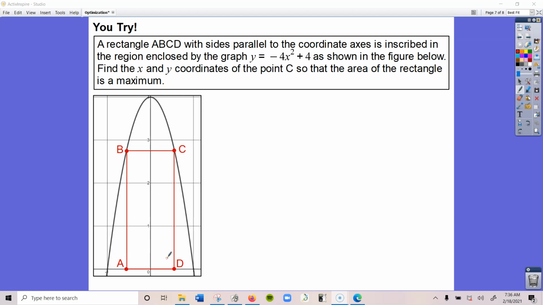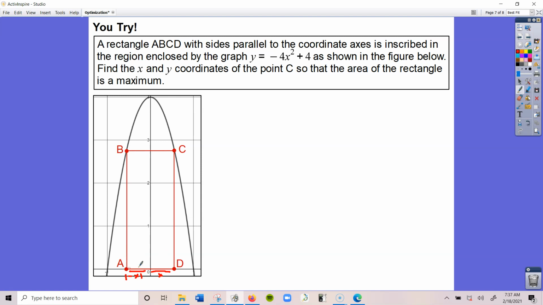Now, if you look at this picture, we have the base of the rectangle right in the middle of the axis here. That means that this here is the positive x and this here is a negative x. But in terms of distance, that would be the absolute value of this negative x, since distance is always positive.